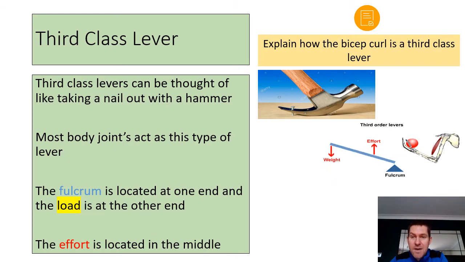We have the effort, the insertion point, which attaches to the forearm and pulls it upwards in that flexion phase towards the shoulder. And then we have the weight, the load, at the far end, which is being moved because the bicep is contracting and that flexion is taking place, allowing that movement of the ball and the load upwards. So that is the reason why this is a third class lever.